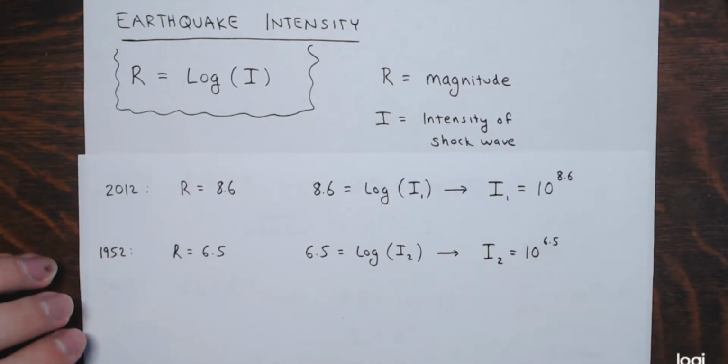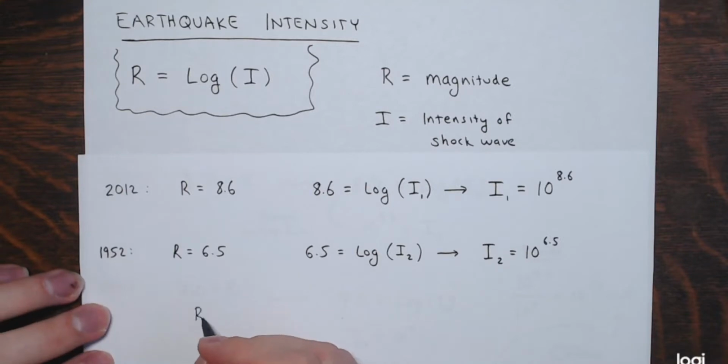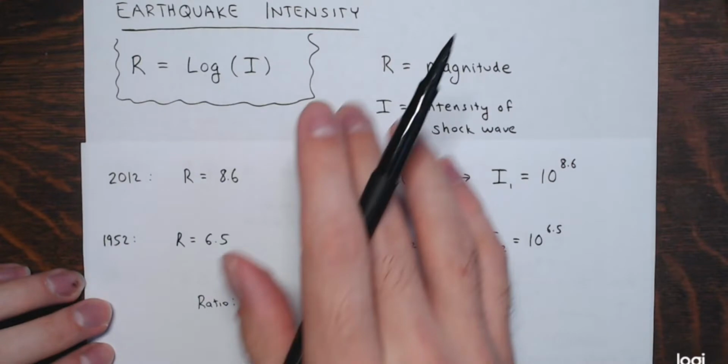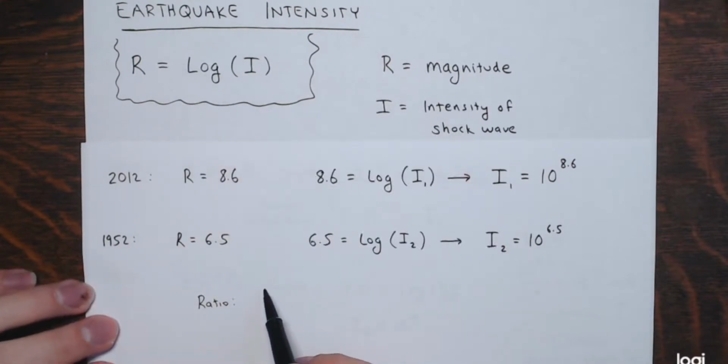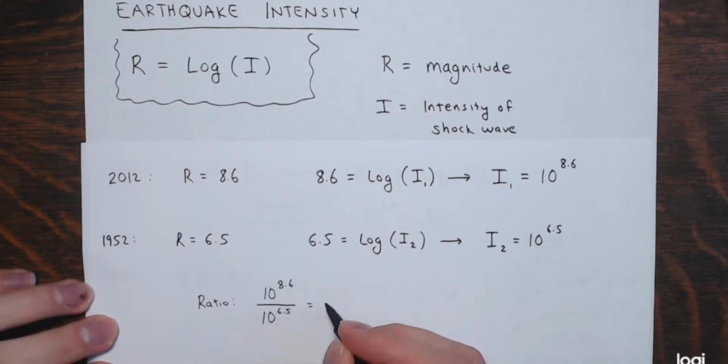And then we'll take their ratio. We'll take the intensity from the 2012 quake divided by the intensity from the 1952 quake. So 10 to the 8.6 divided by 10 to the 6.5 would be 10 to the 2.1 power.